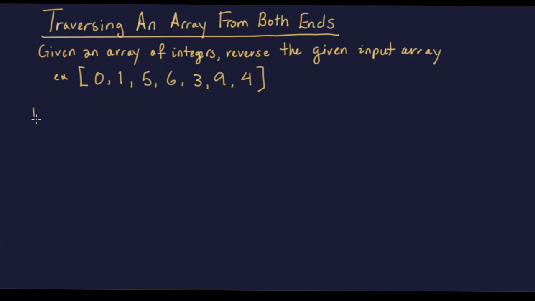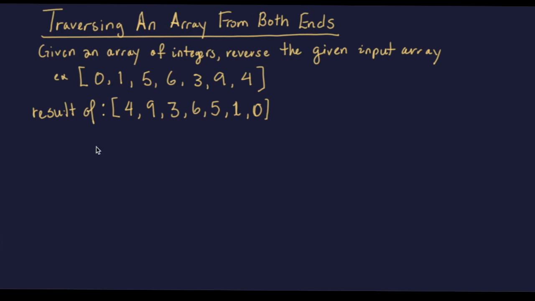So what we want to return is a result of basically the opposite: 4, 9, 3, 6, 5, 1, and 0. So that array is completely reversed, right?